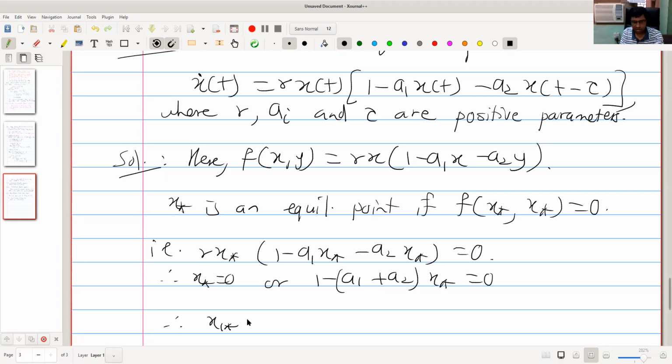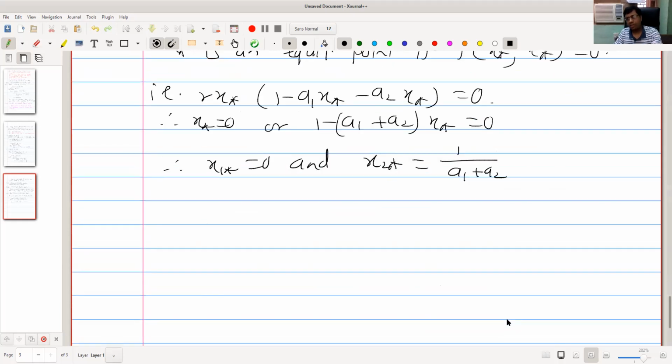Therefore x1 star equals 0 and x2 star equals 1 upon a1 plus a2. Since a1 and a2 both are positive, this denominator cannot be 0, so 1 upon a1 plus a2 is well defined. Now we discuss the stability of both these equilibrium points.